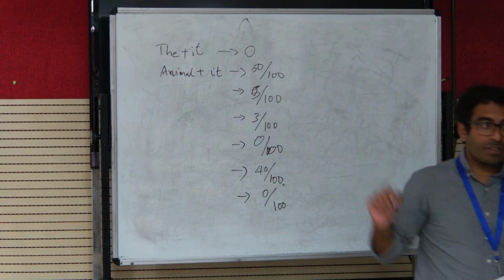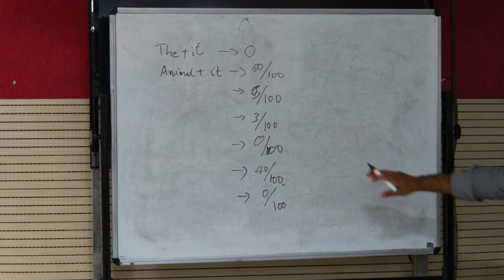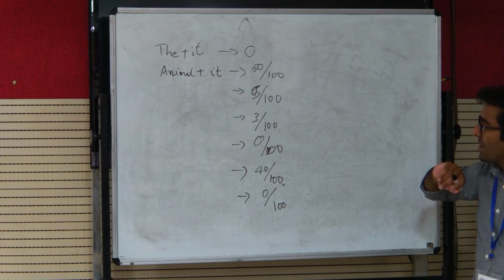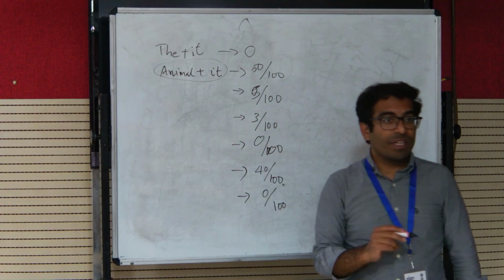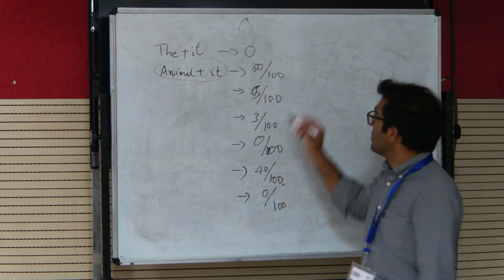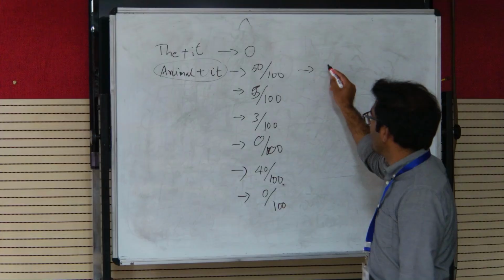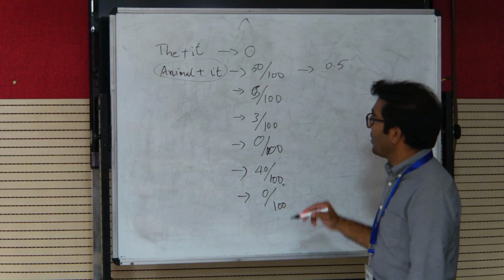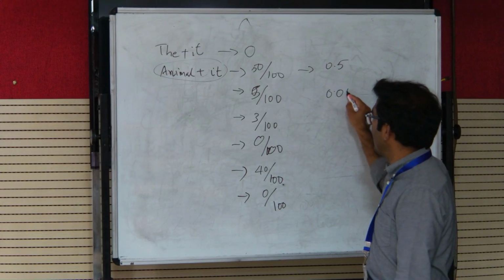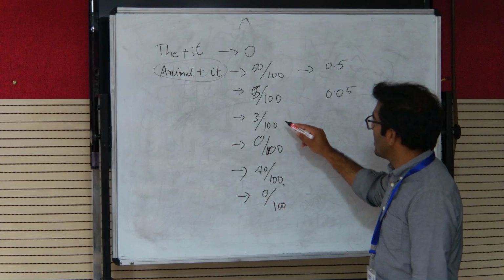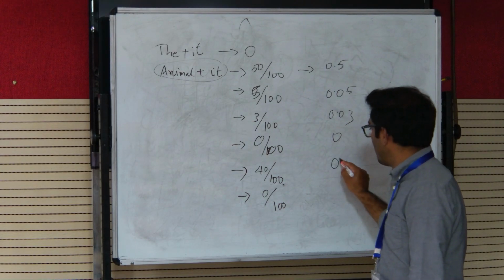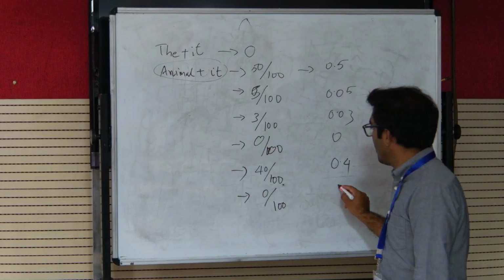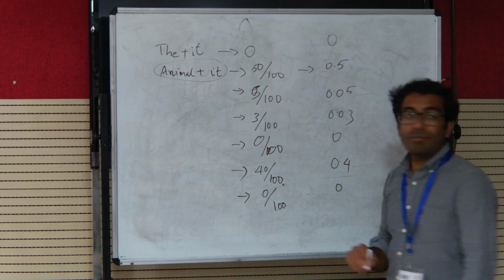The co-occurrences, right? Now, by simply doing this toy example, we can already see that the probability of these two coming together is very high, right? So I can say that this has the highest score, which is nothing but 0.5, and this is 0.05, and this is 0.03, 0.4, 0.0, and then 0.